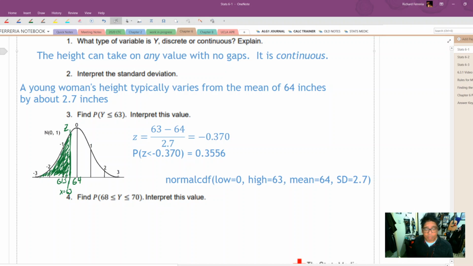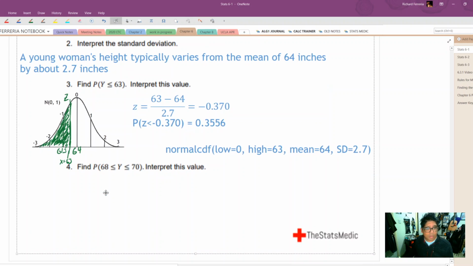Just to refresh your memory, the correct calculator notation is normal CDF with the low equal to 0, the high equal to 63, the mean is 64, and the standard deviation is 2.7. So wonderful. This is actually a pretty easy problem. This is the bread and butter of statistics right here. Hopefully you all got that.